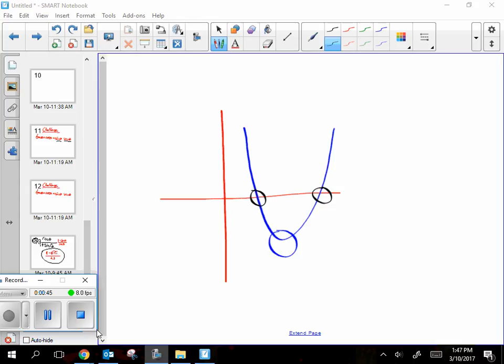X... Nope, this isn't the X and the Y. Those are the X whats. X-intercepts is correct. They're the X-intercepts and they're the solutions, and there's 2 more names for them. The roots and the zeros. There's 4 names. I want you to write all 4 down.